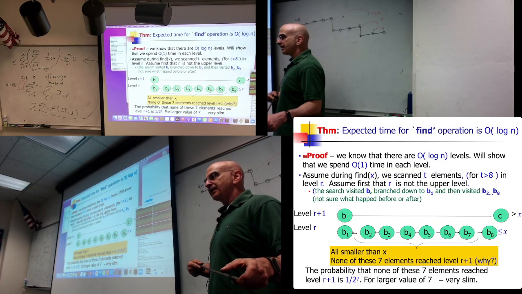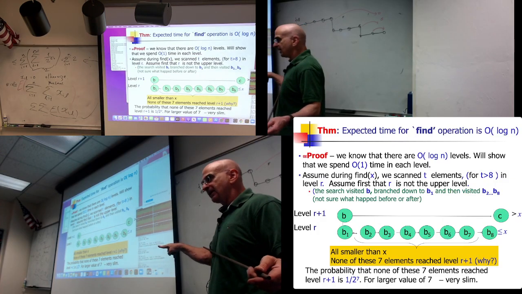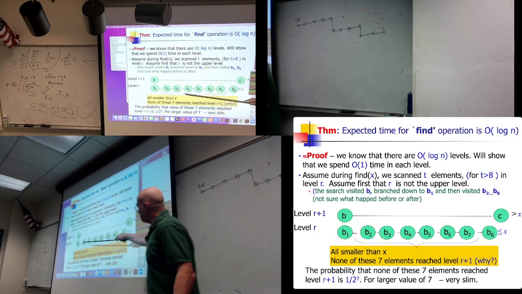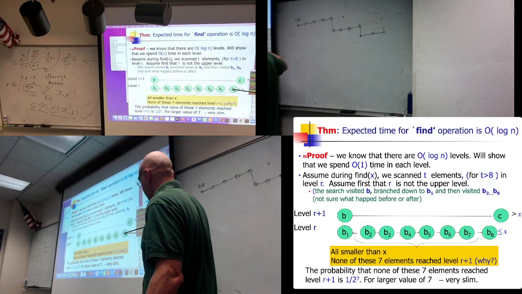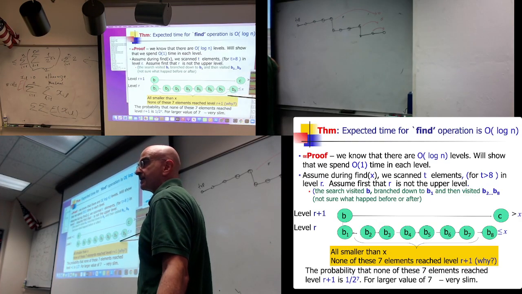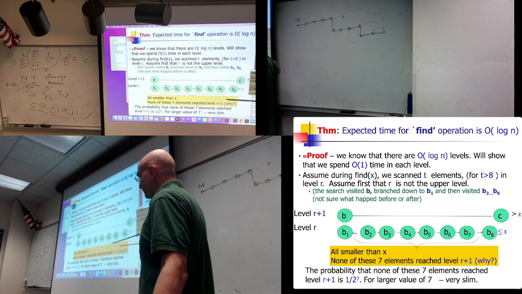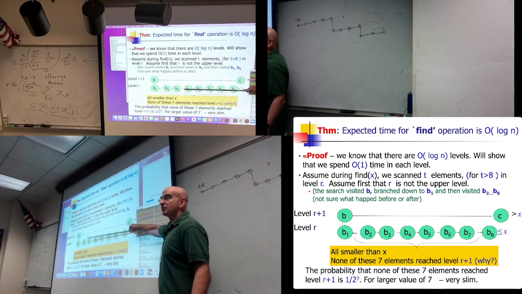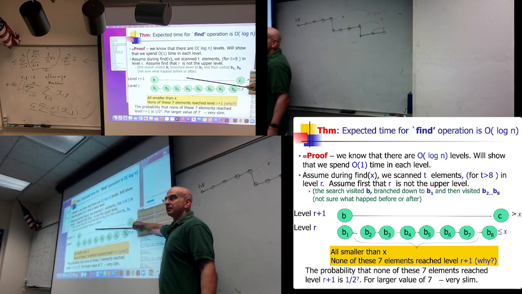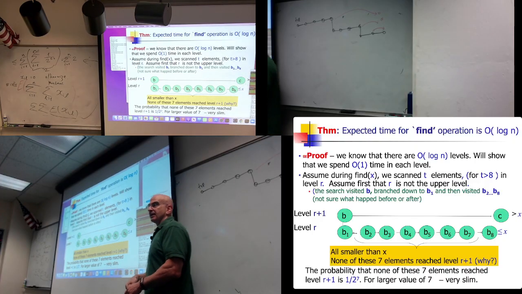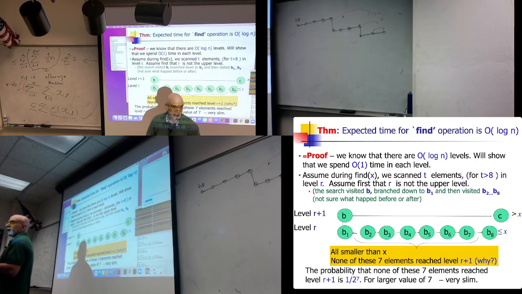It's unlikely that if you are scanning many elements in the same level during the search, none of these elements make it to the next level, which is quite unlikely. How unlikely?